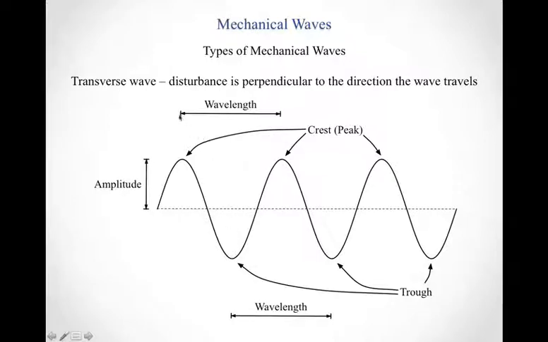I can also measure the wavelength. The wavelength just tells you how far you have to travel before your wave starts to repeat itself. Part of what's going on is we have a very repetitive pattern here. How far do you have to go before that pattern starts to repeat? To measure that, you can go from peak to peak. That's one way to measure the wavelength. You can go from trough to trough. Again, that'll measure the wavelength.